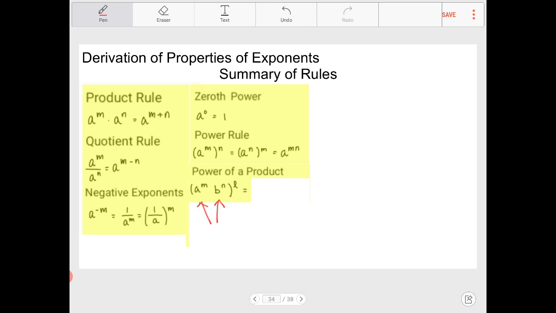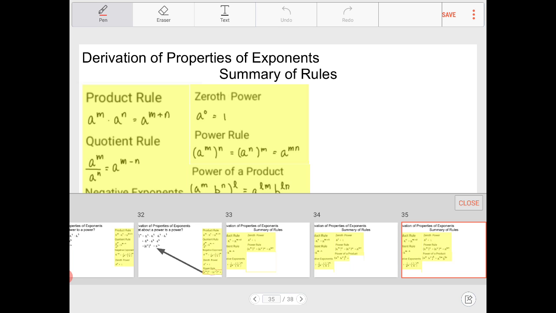So we really cannot add the exponents together. You cannot combine the product rule with this because we have different bases. With the power rule, if we have different things inside of parentheses, all we've got to do is multiply just the exponents. So a to the m times b to the n raised to the L power is equivalent to a to the Lm times b to the Ln.